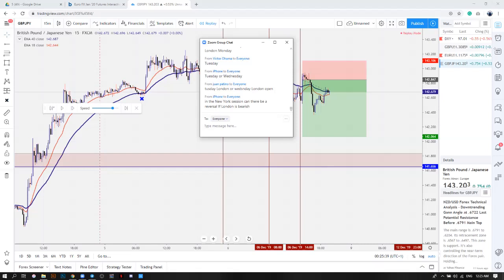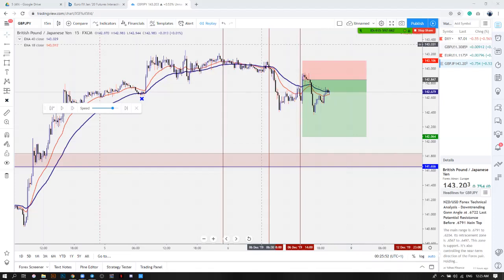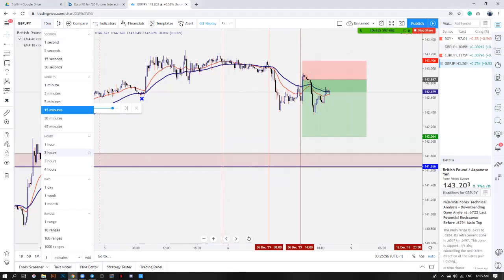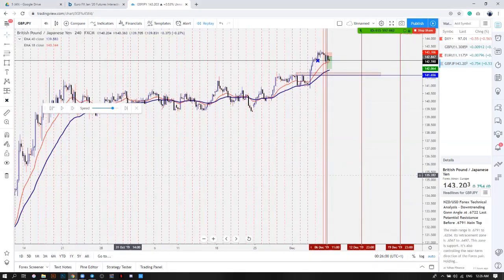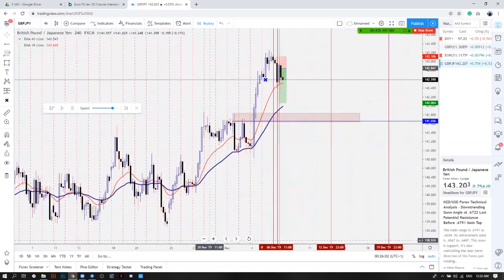But remember, if you're gonna get a reversal to continue the week bullish, the first question you need to ask yourself is, where is the higher time frame support level? I told you if the market is going to change direction, it needs to do that off a higher time frame support level. So the higher time frame starts from the 4-hour going into the daily, the weekly, and then the monthly.